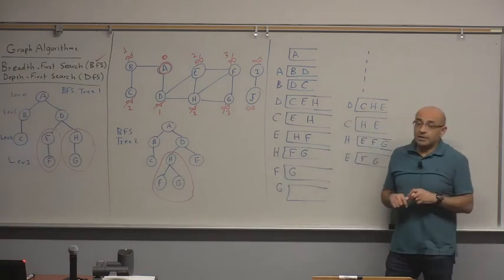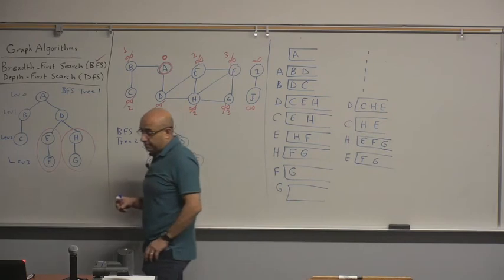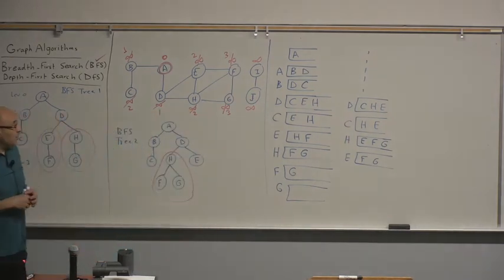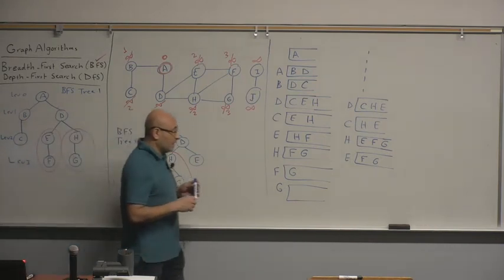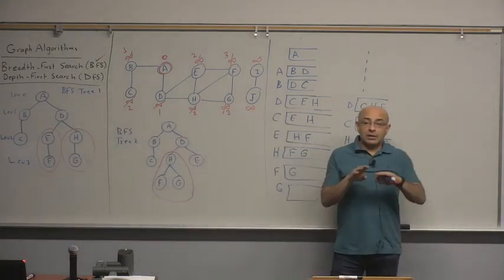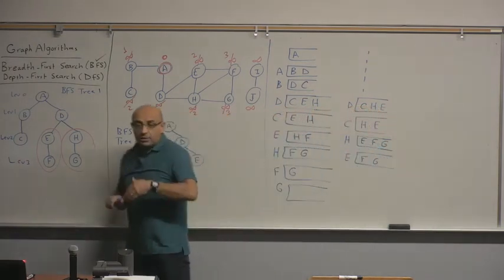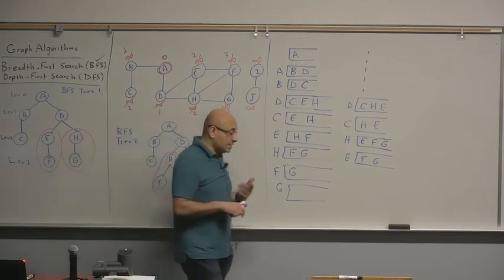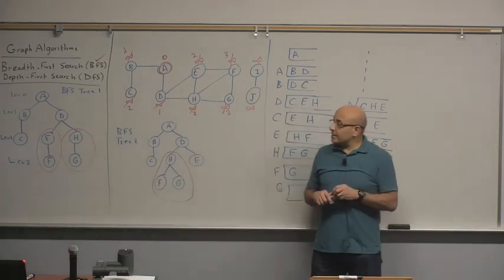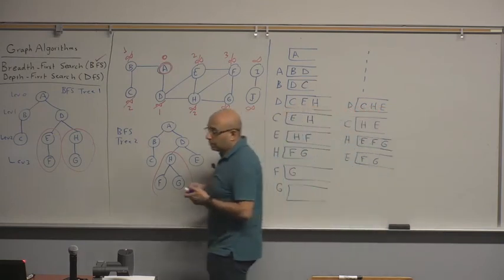And by the way, we're not giving a formal proof for this, but I'm assuming that it's intuitive, because we are looking first at the nodes that are the closest to the source. Then we are looking at the nodes that are at the next level. In fact, BFS is a special case of Dijkstra's algorithm.